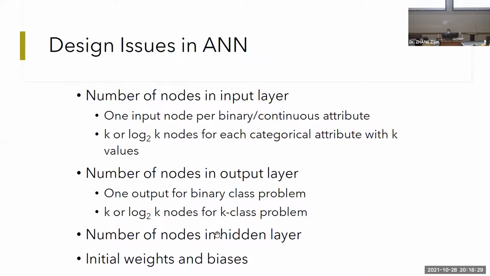The number of nodes in the hidden layer we talked about in the previous class, I remember. Okay. The number of hidden nodes is randomly initialized. It could be less than the number of input nodes, or it can be more than the number of input nodes. And initial weights and biases are all randomized from a uniform distribution between 0 and 1.